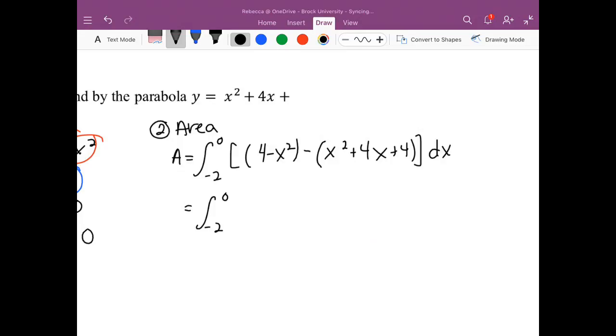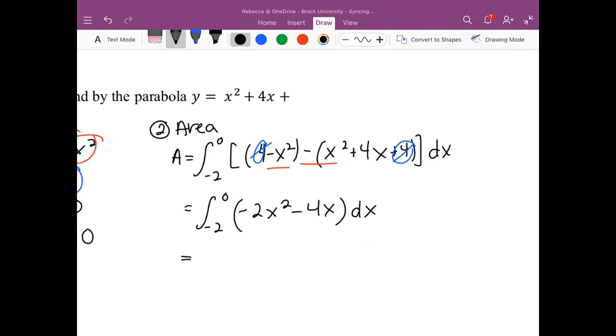So I'm going to simplify this. I see that I have a 4 here, a minus another 4 here, so they're going to cancel each other out. So that leaves me with negative 2x squared, because I have a minus x squared, and minus 4x.